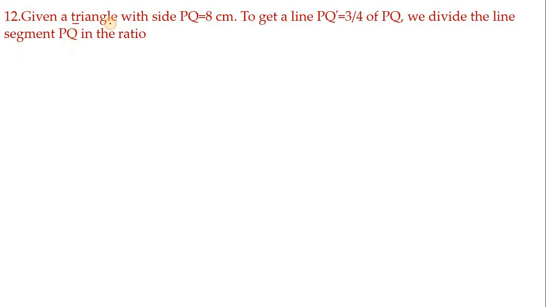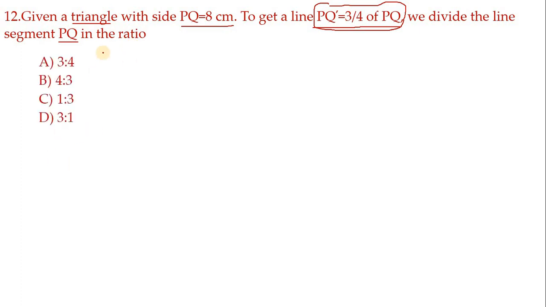Given a triangle with side PQ equal to 8 cm, to get a line PQ dash equal to 3 by 4 of PQ, we divide the line segment PQ in the ratio. This is a very important one. Understand the problem. They are talking about a triangle.